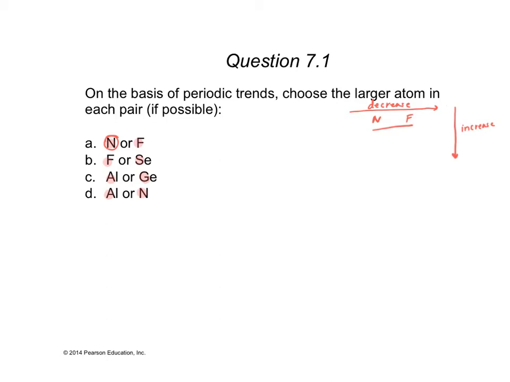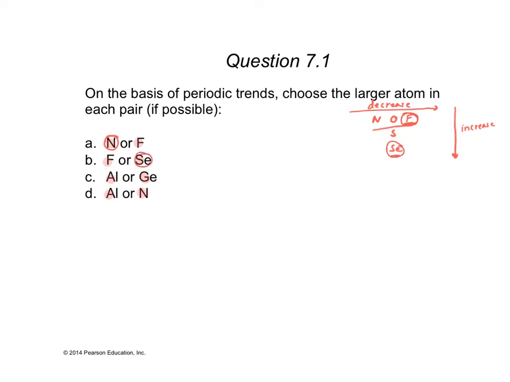In B, we have fluorine versus selenium. Oxygen goes here in the periodic table, sulfur goes right below it, and then selenium is in the exact same column, 2 rows down from oxygen. If we're asking about fluorine versus selenium, we are increasing as we go from top to bottom, and fluorine is to the right of selenium anyways, so selenium would be the larger of the pair.